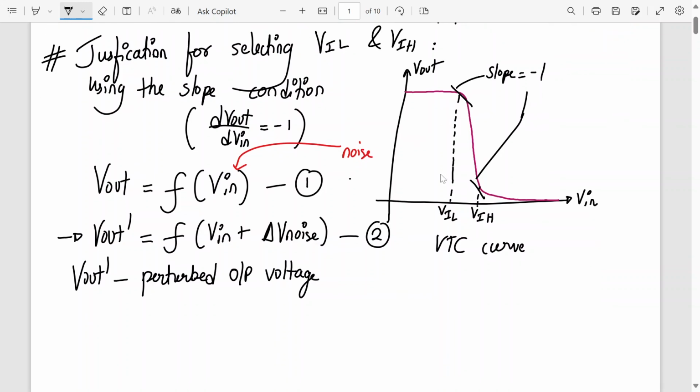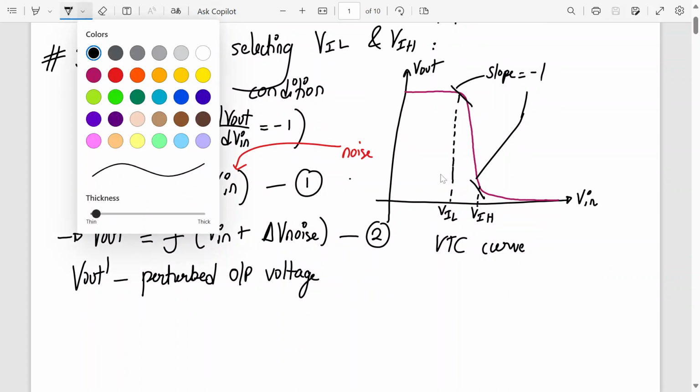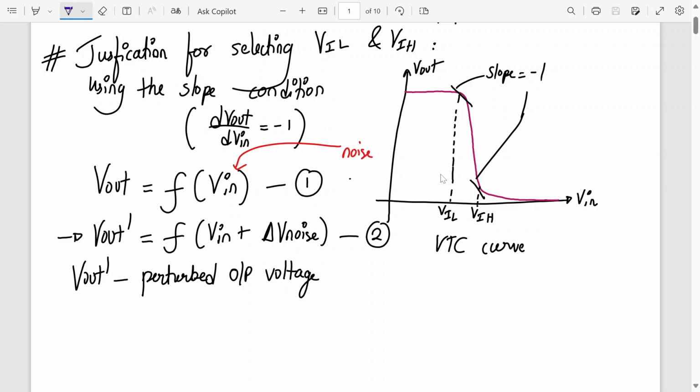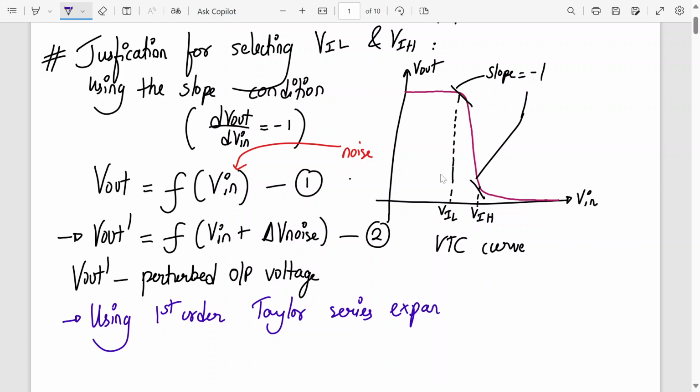Do you know Taylor series? We'll use Taylor series expansion, first order, on equation number 2.